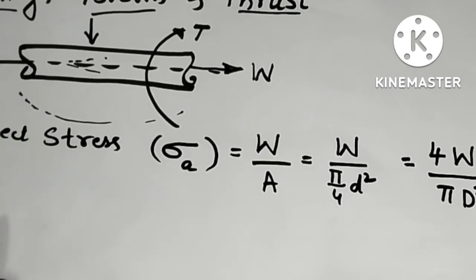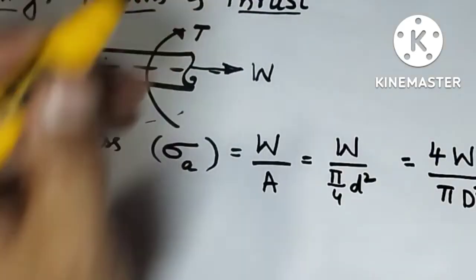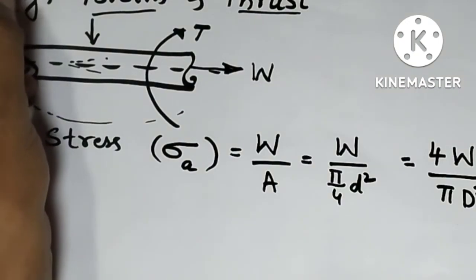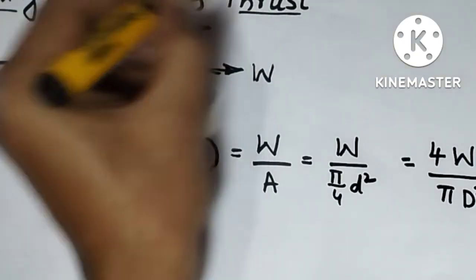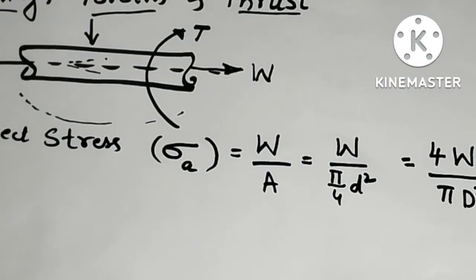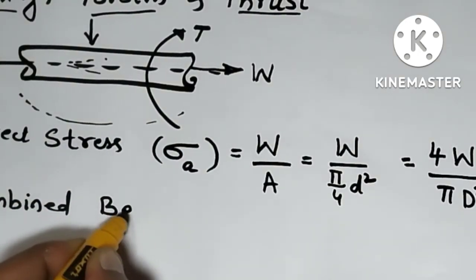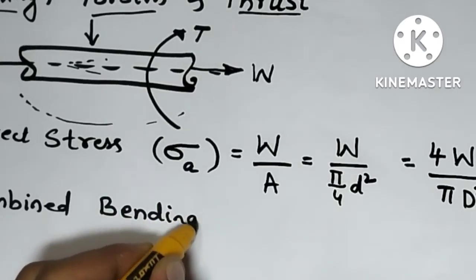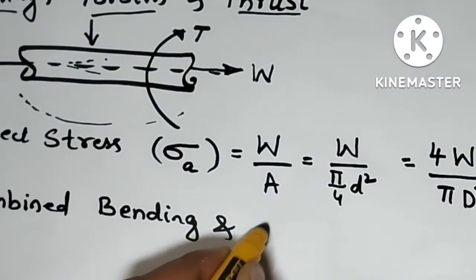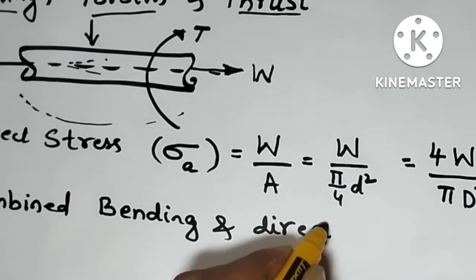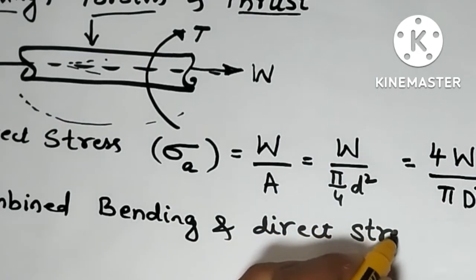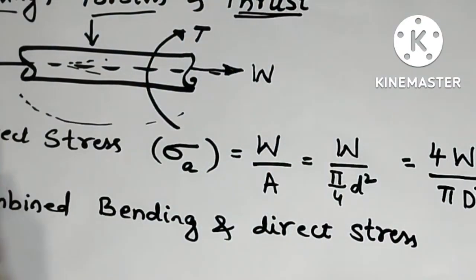Now to combine the bending and the axial stress, you should combine these two first, axial and bending, for combined bending and direct stress, because for this axial thrust we got the direct stress.